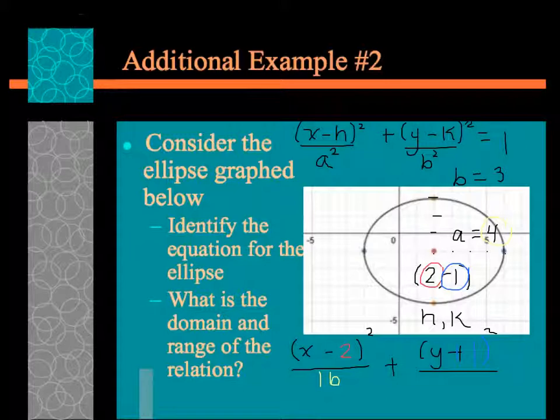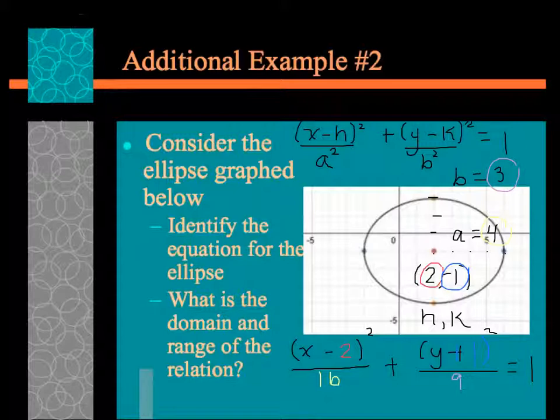And we determined that b had a value equal to 3. So b squared must be 3 squared, which would be 9. And to finish our equation, they always equal 1. Fun stuff, eh?